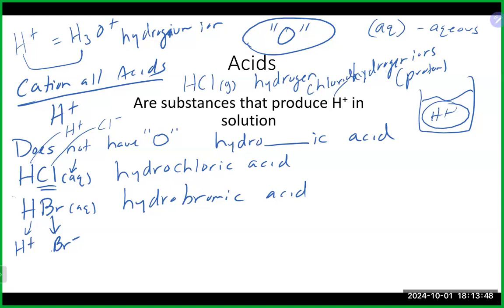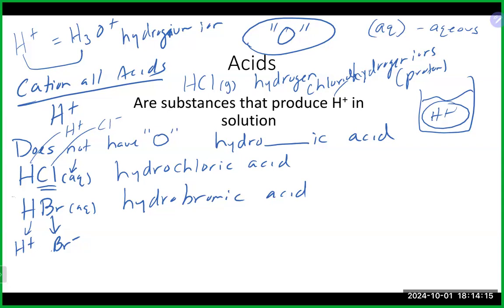But when you take hydrogen chloride gas and bubble it through water, it becomes a solution. Then you have free H pluses floating around, and then you have hydrochloric acid. So when you're writing the formula for an acid, you should always include the aq symbol next to it to indicate that it is an acid. Any questions on acids with no oxygen?